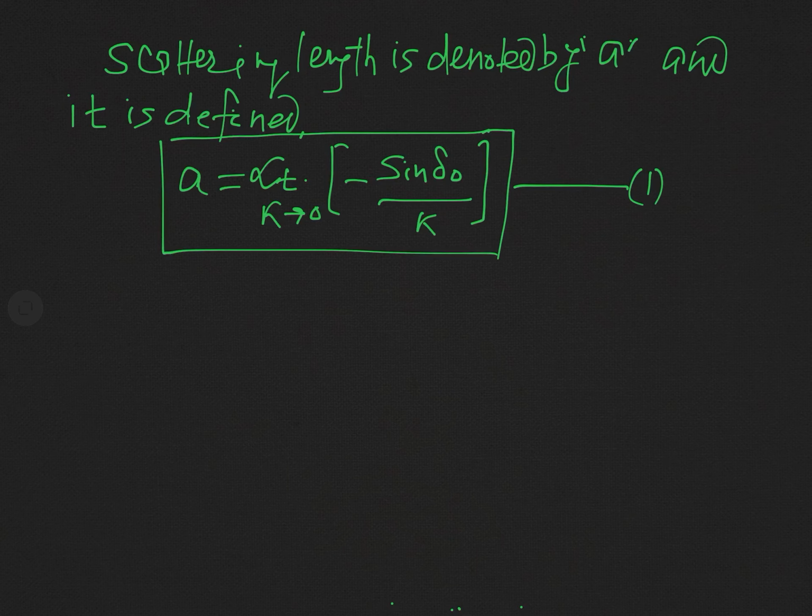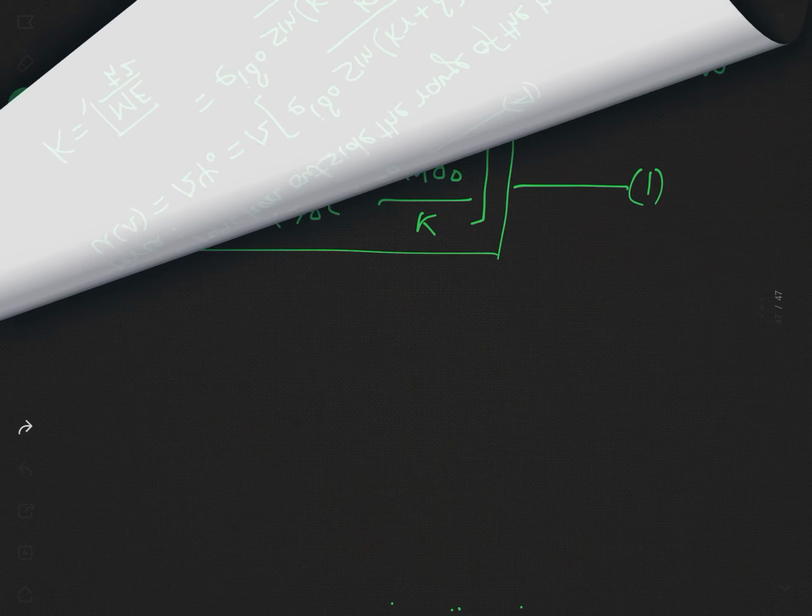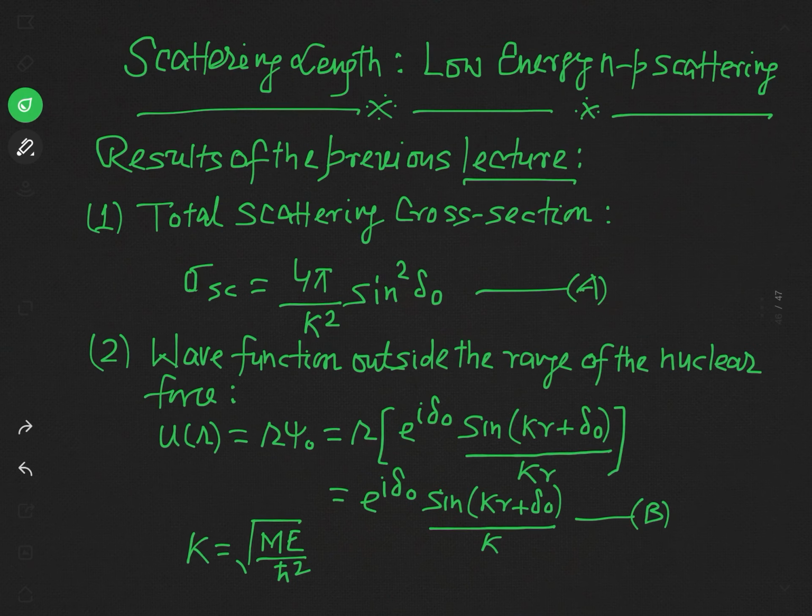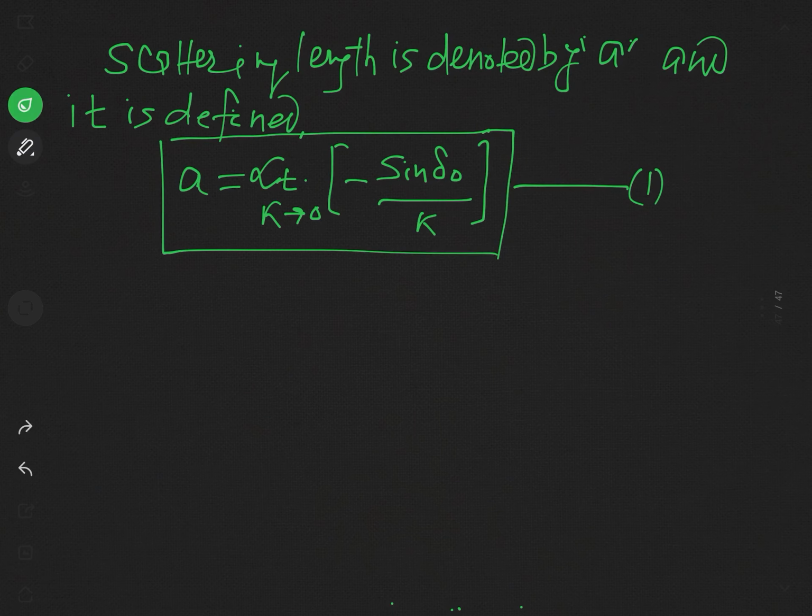Now, in the limiting condition, when k tends to 0, what will be the total scattering cross section? See the result for the total scattering cross section. In equation A, we have defined this scattering cross section, and let us now impose the limiting condition when k tends to 0 on this result. After imposing that limiting condition, we will get the total scattering cross section when k tends to 0. And when k tends to 0, it means E tends to 0, energy is tending towards 0.